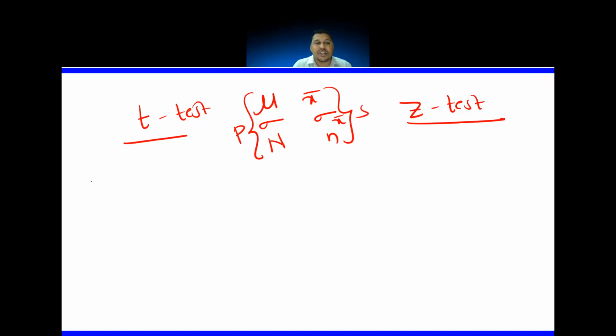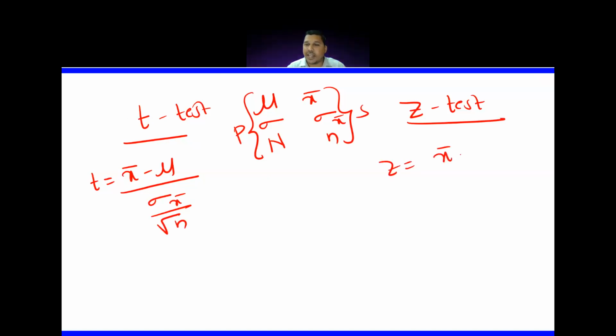Now, T test is defined as T equal to X bar minus mu by sigma X bar by square root of n. Z test is given by X bar minus mu by sigma by square root of n.